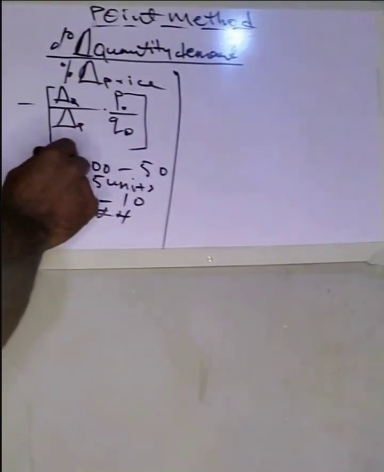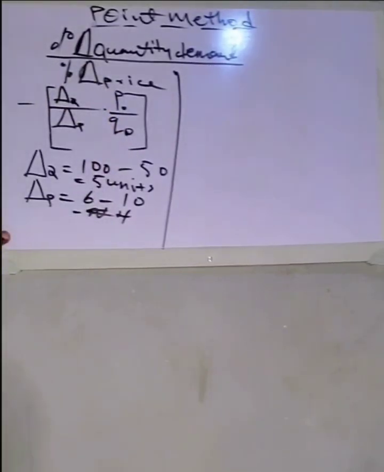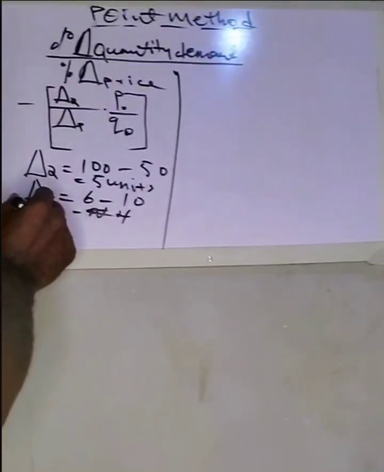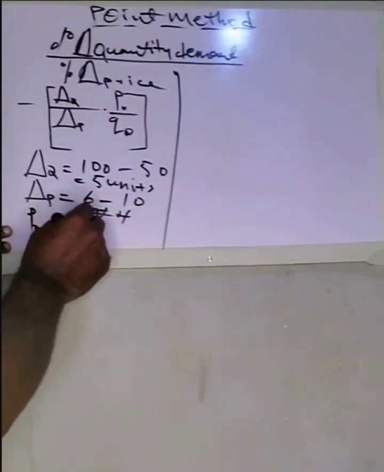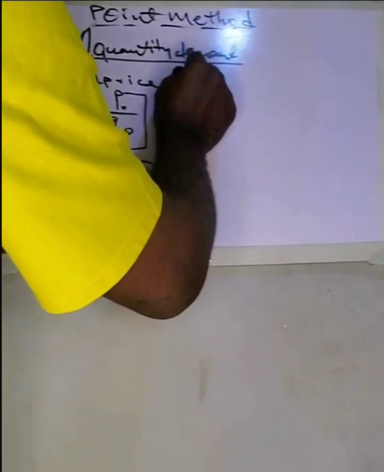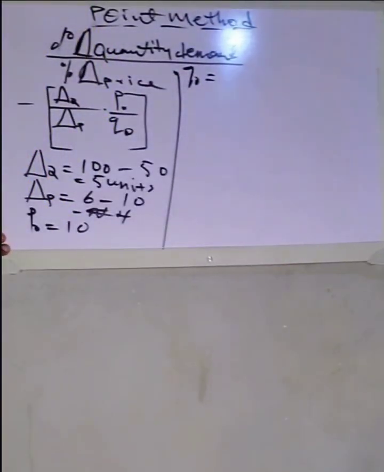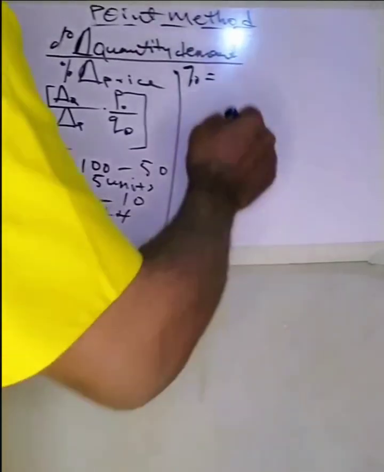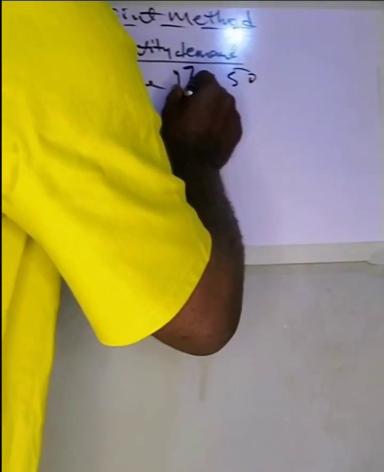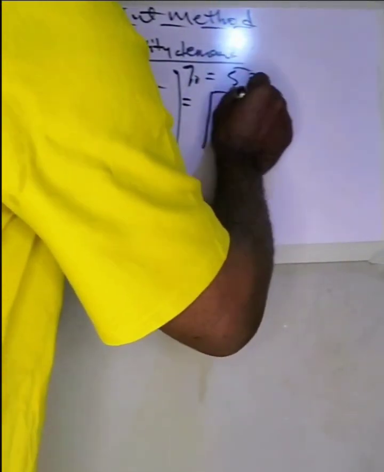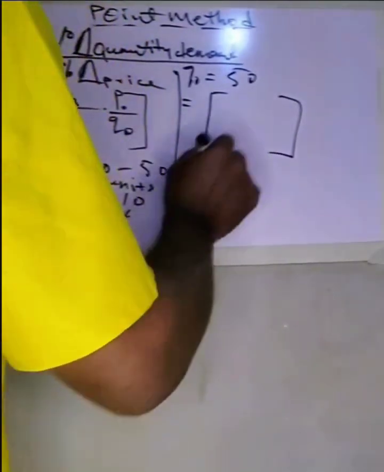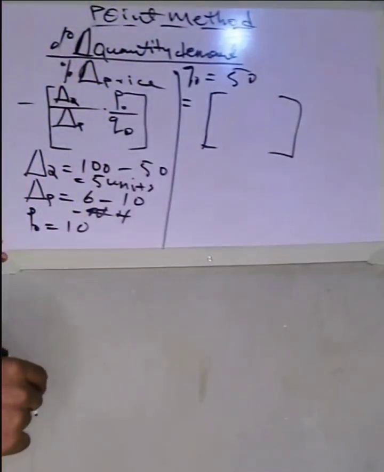Not change in price, the old price. Old price is 10. PO is 10. Then QO, old quantity, is what? Our old quantity is 50. We put it in bracket, constant negative in bracket.